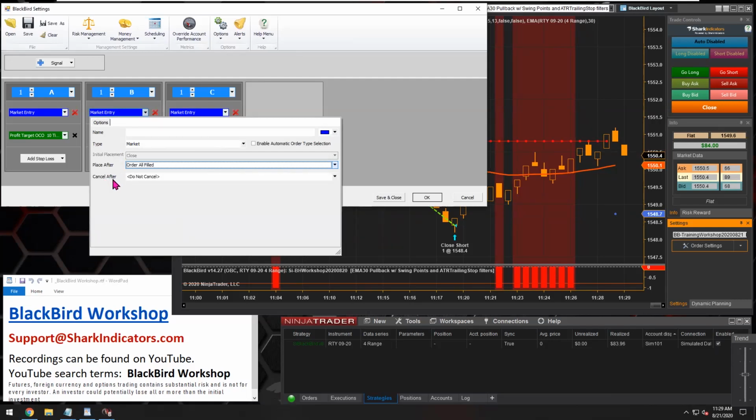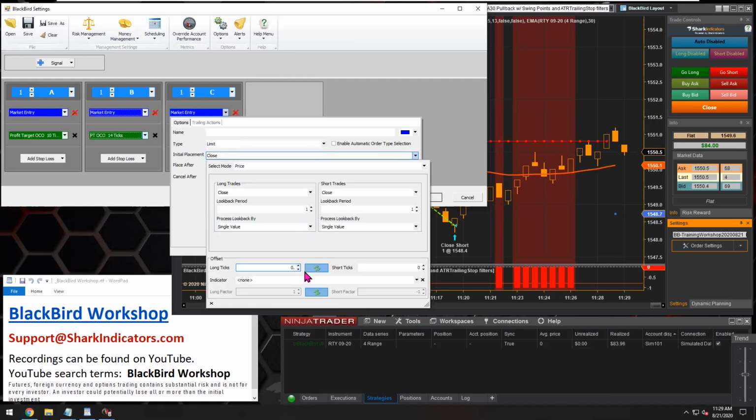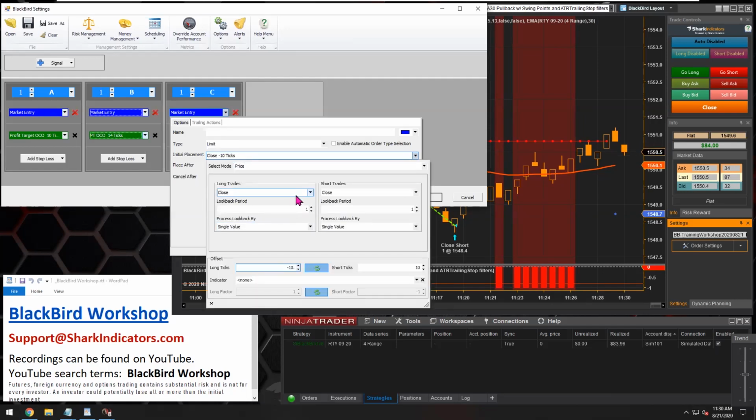when are you going to instruct BlackBird to, let's see here, what would be something that would be more practical is, instead of using a market, what if I used a limit order, right? And so, if I'm placing a limit order, well below the market, the closing price, actually, let's do this.